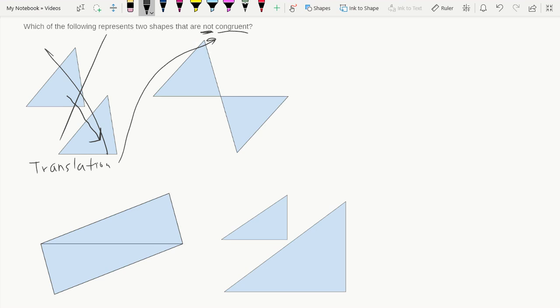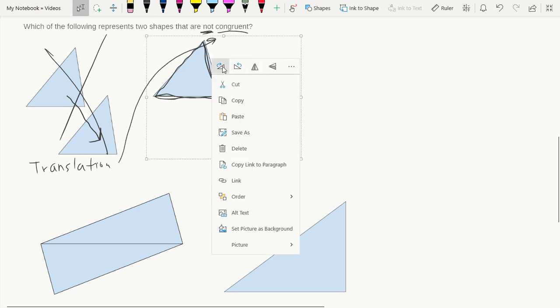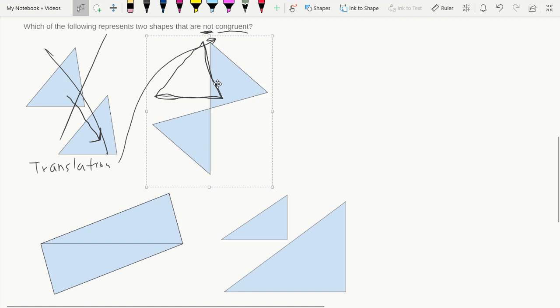Let's see, this one here, I wonder, I'll bet you either reflect this or rotate it. I'll bet you I can rotate it. Yeah, so let's do that. Let's rotate it 90 degrees. What? No way. That's not what I wanted.